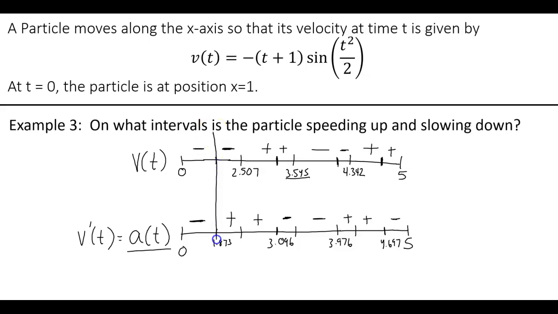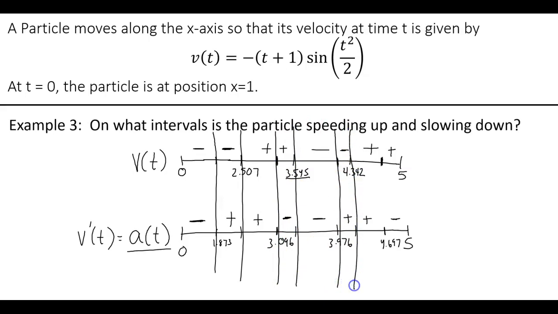Now I'm just going to draw a straight line through each one of these important points that we've created. Places where the velocity equals 0 and places where the acceleration equals 0. And then all we have to do is compare their signs. So for instance, on this interval here, they're both negative. On here, they're both positive. And then here they're both negative, and here they're both positive.